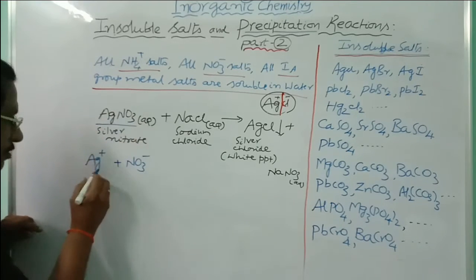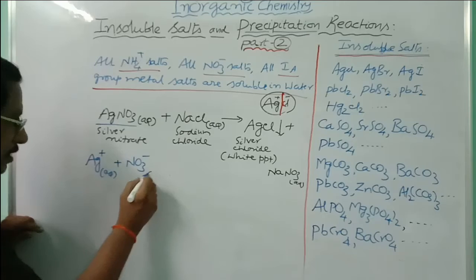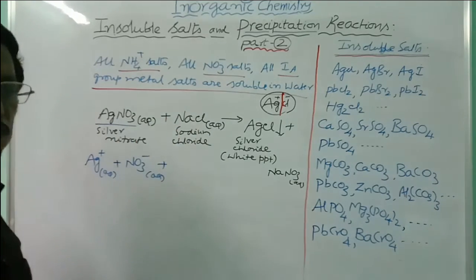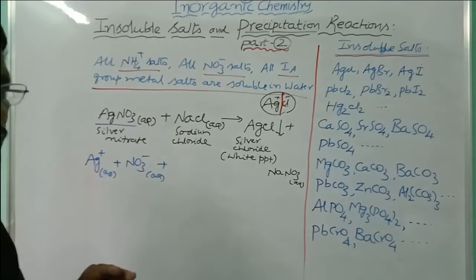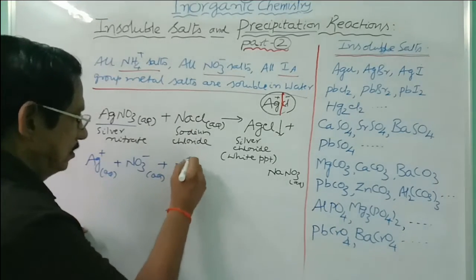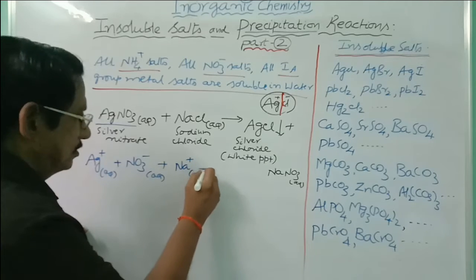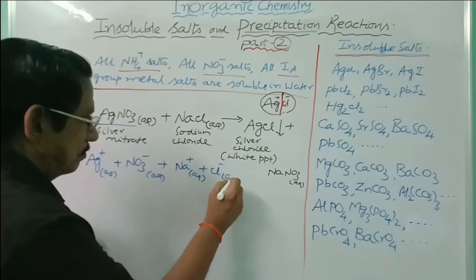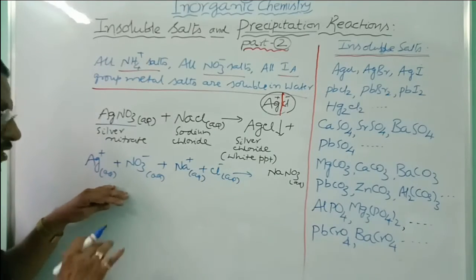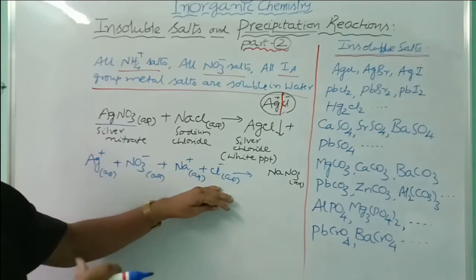Both are present in water, so you have to write aqua here also. Plus sodium chloride is also soluble in water. It will be present in free ionic form. So sodium ions will be there in aqua form, and chloride ions are also there, aqua. So this solution contains silver ion freely, and this solution contains chloride ion freely.